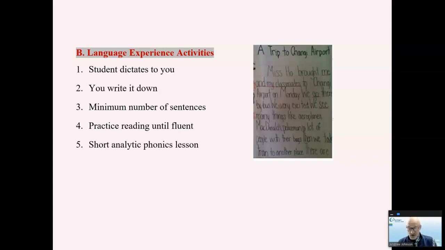And we save these so they can practice reading these another day. And the joy of this is they are practicing learning to read using words and concepts and experiences from their lives. They're not learning to read using someone else's words or experiences.